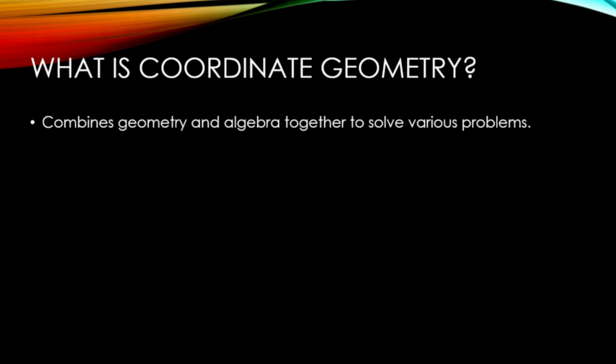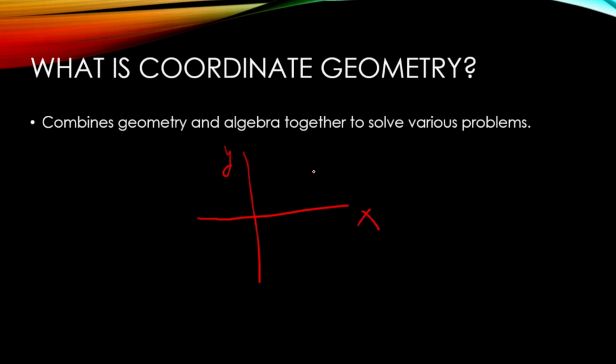For this topic you should already know what coordinate points are, but in case you don't, let me explain it to you. So for example, this is the coordinate axis, this is the x-axis, and this is the y-axis.